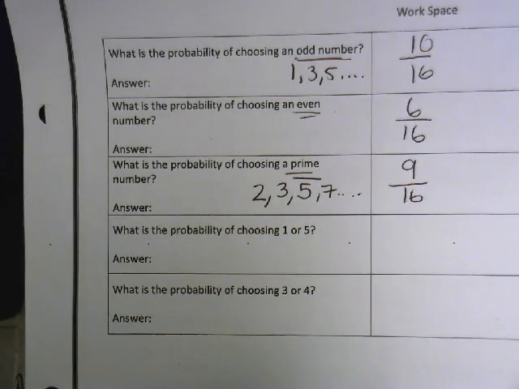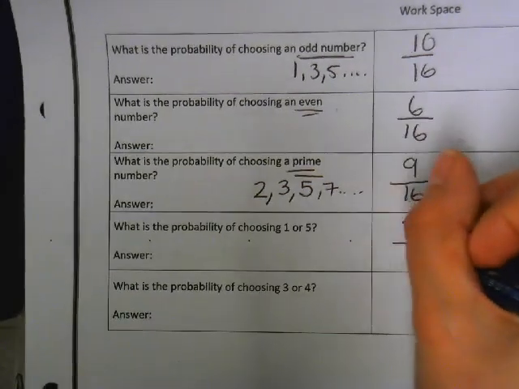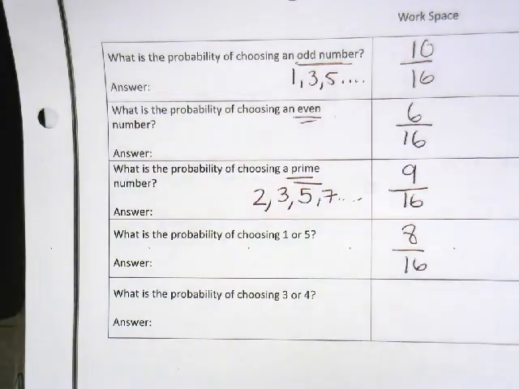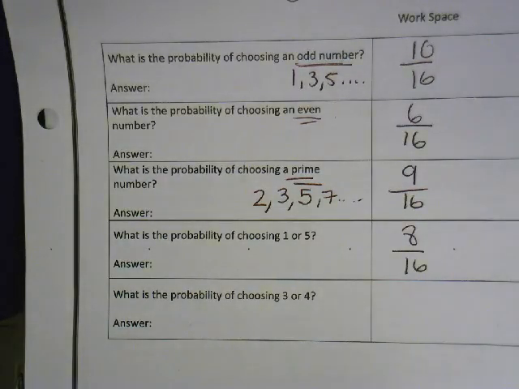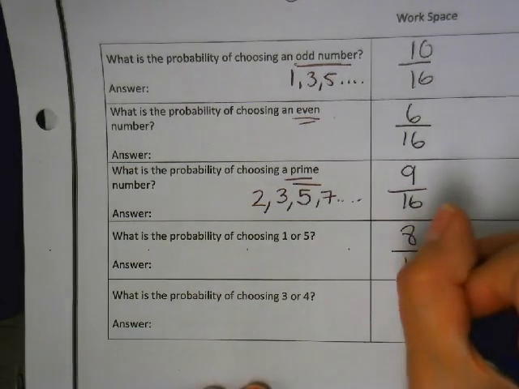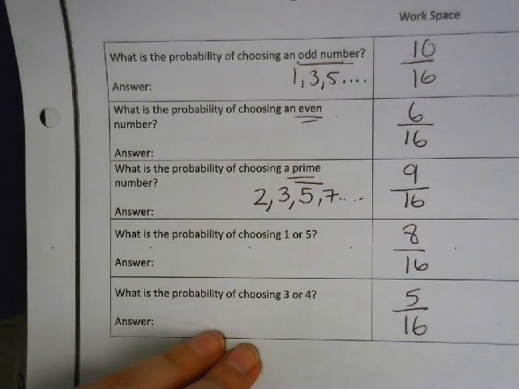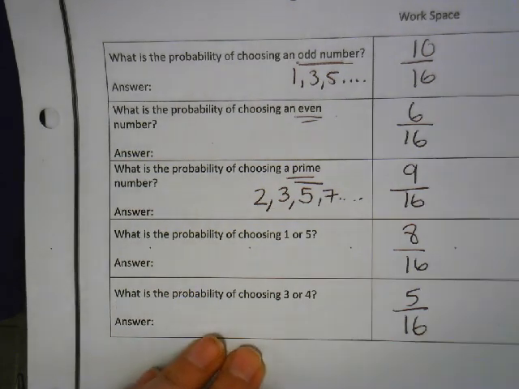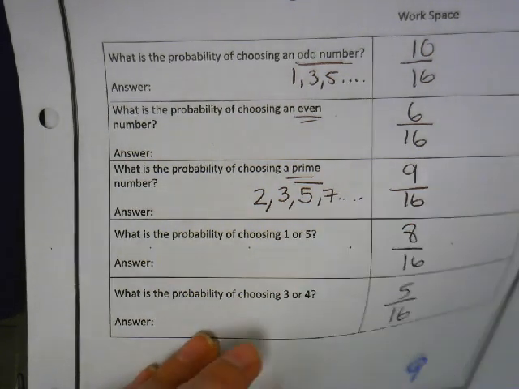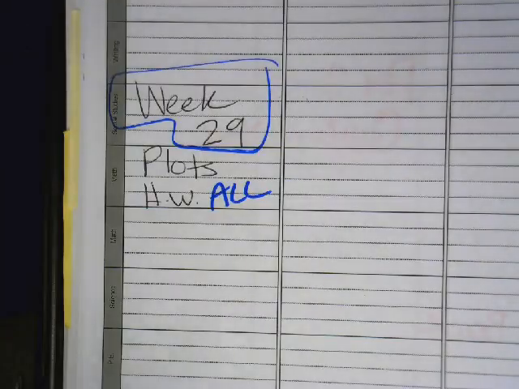I got 7. And then 3s and 4s. 5 out of 16. Miss, I thought it was 7 out of 16, not 8. Recount them. Do a darker circle, a darker something. So 1 out of 5.